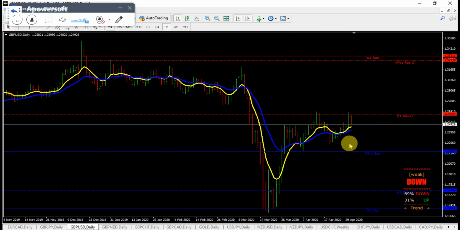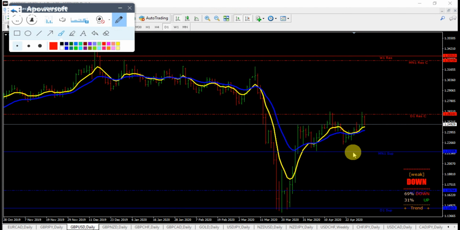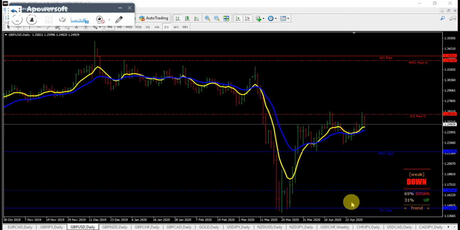If we buy from here, that is also about 1000 pips, because whenever it breaks this resistance, the next target of GBP USD is 1.27 or 1.30. So in the long term, what I'm expecting from GBP USD is that it will go up.